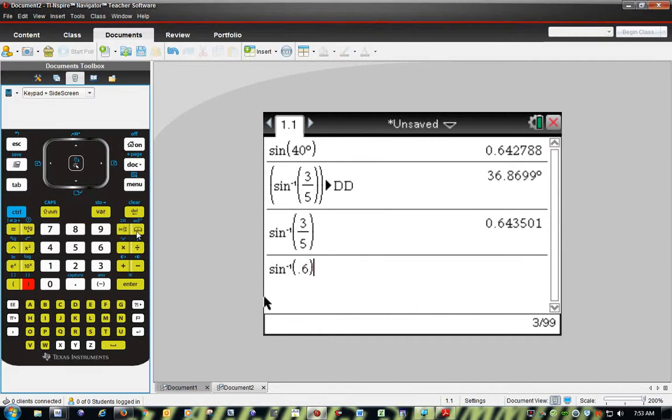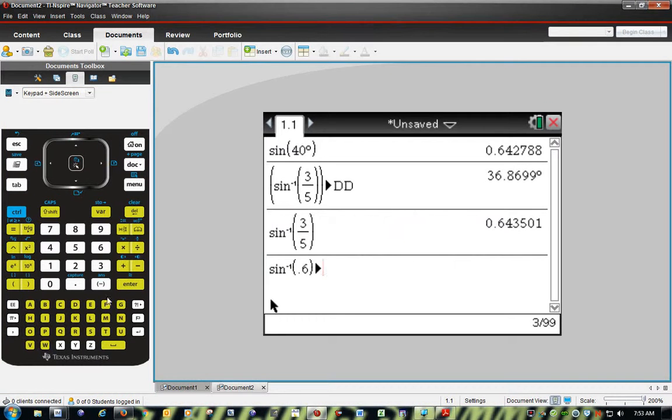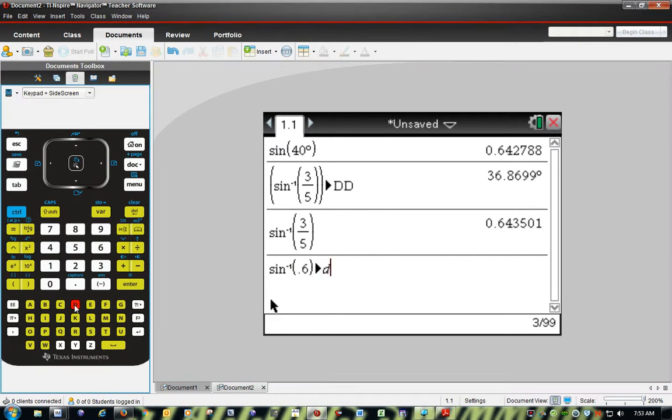Go Control Book, and you're going to get all the different symbols, and the arrow is in the first row. And then you just type DD. The first D is italicized, but the second one, the calculator will recognize it as a function that it needs to do. And then you'll get your answer out of that. Yep.